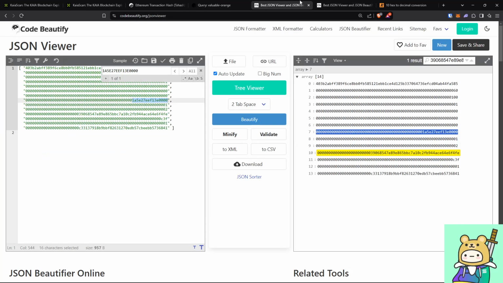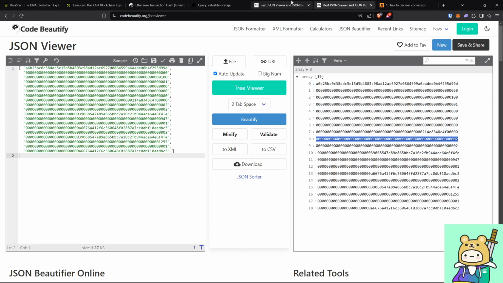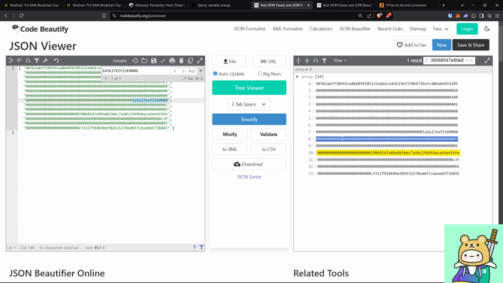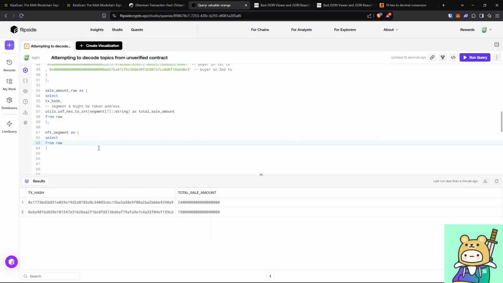NFT segment consistently starts off at segment 8. Yeah, segment 8. So we can just say segment 8, and then of course do the same hex to int as NFT count.